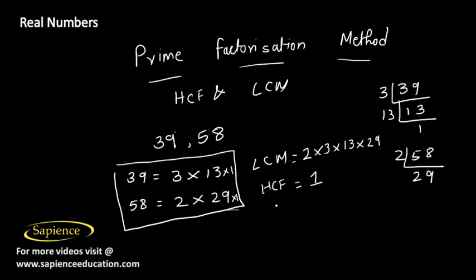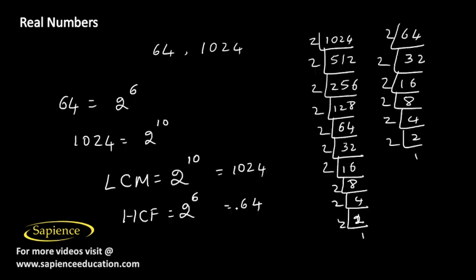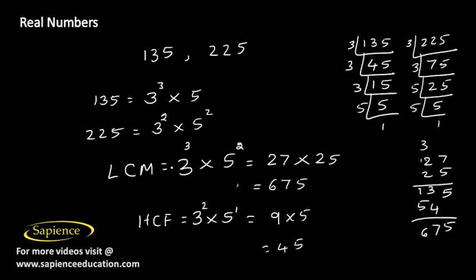And for HCF, you need to write down only the factors which are common in both of them. In this example, for LCM, the prime factor is only 2 and the highest exponent is 10, so we have written 2 power 10. And for HCF, 2 power 6 is common, 2 power 6 is common here also, so the highest of the common we have written here.